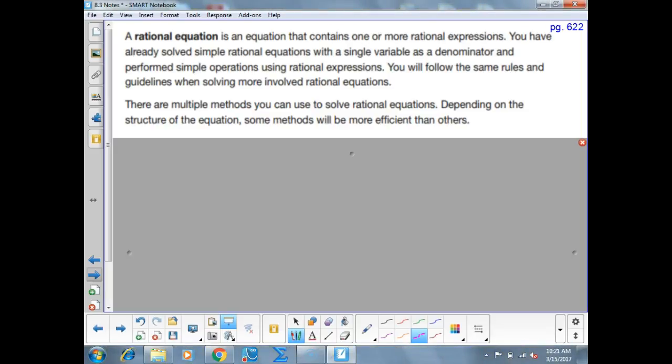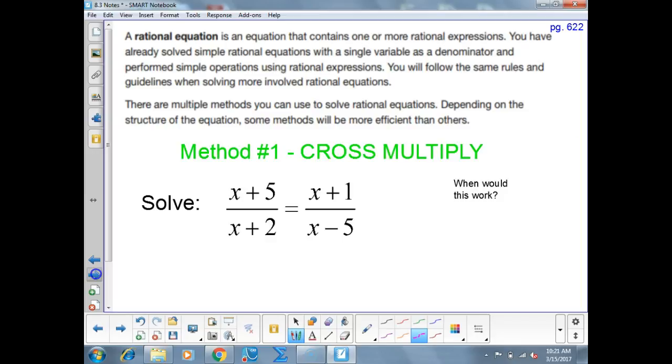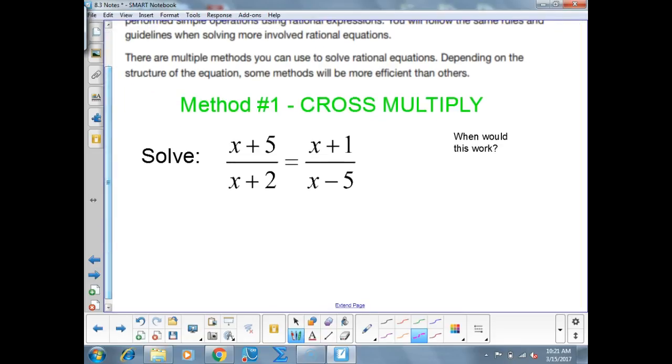The first one is limited. It's everybody's favorite, cross multiply. Now that we have an equal sign, we can finally cross multiply. But cross multiplying is limited in that you can only use it if it is fraction equals fraction.